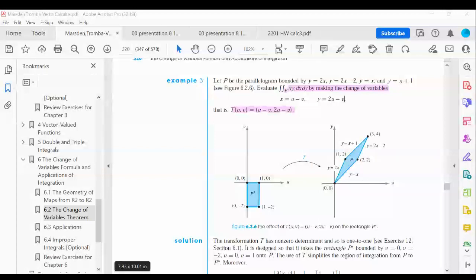You have constant upper and lower limits. But what about P? You're given the equations of the lines. If you integrate anything over P, how do you integrate?